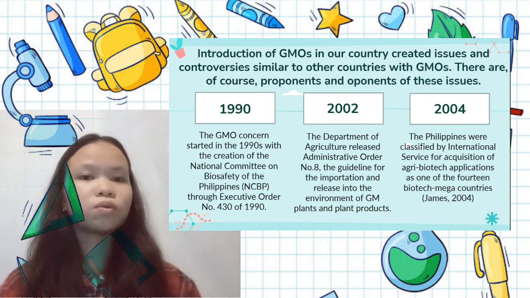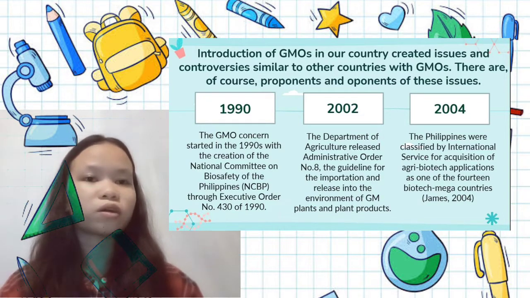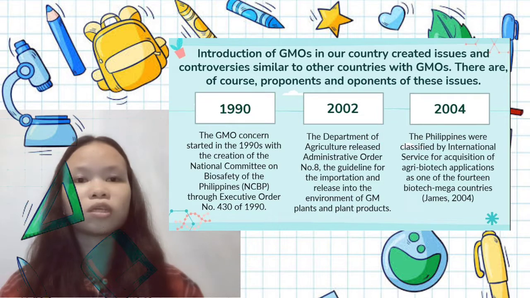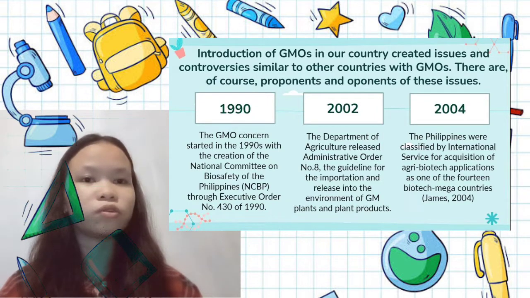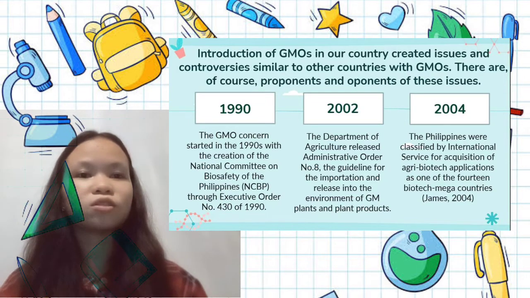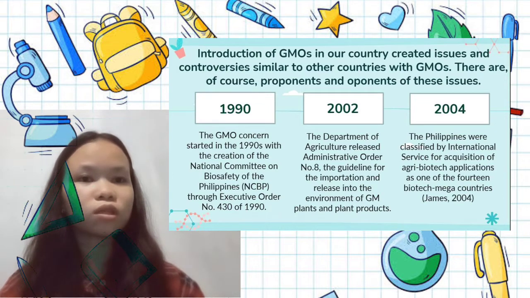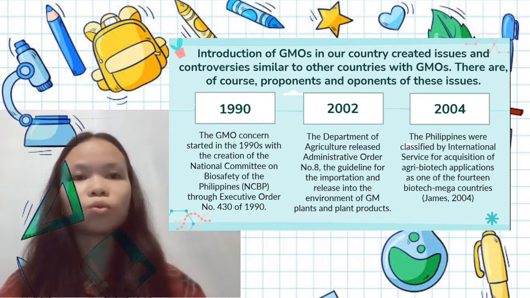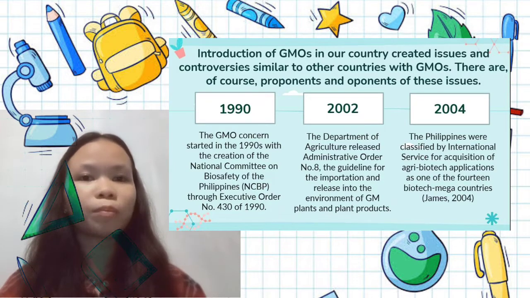In 2002, the Department of Agriculture released Administrative Order Number 8, the guidelines for the importation and release into the environment of GMO plants and plant products. In the same year, GMO importation started. The Philippines was the first country in Asia to approve commercial cultivation of a GM crop for animal feed and food in 2002, when it allowed GMO corn planting.